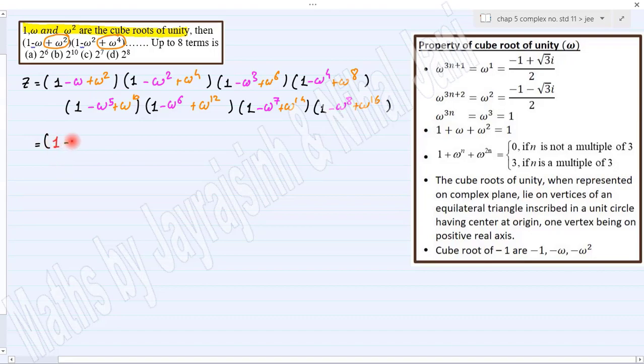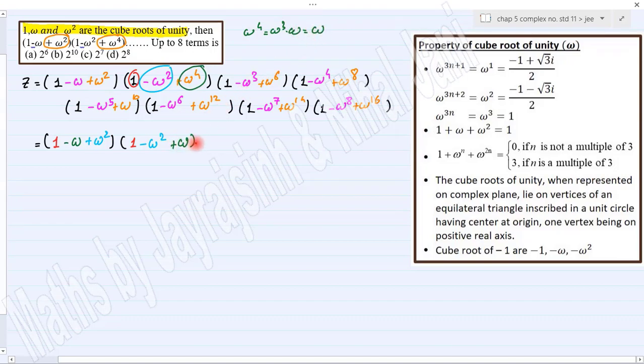Your first term will remain as it is. Now in the second term, 1 and minus omega square will remain as it is. We can rewrite omega raised to 4 as omega cube into omega. So it will give us omega.